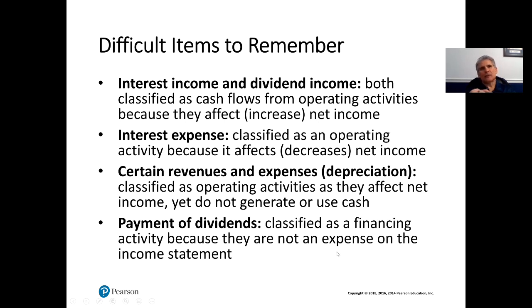So anything associated with an expense and revenue is really operating activities, and any payment that's not associated with revenues or expenses has to be elsewhere. Specifically, dividends would be classified as financing activities because that's associated with stock and equity, the equity section of the balance sheet.